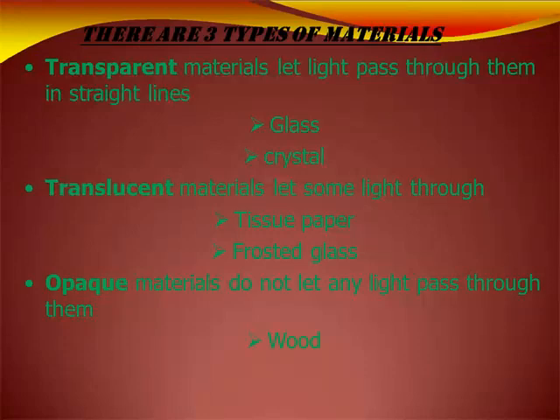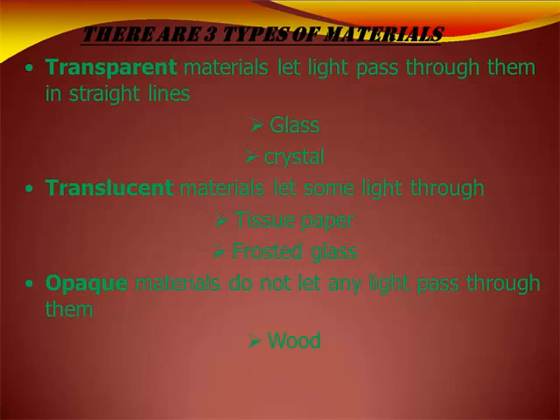That means the materials through which light is passed. So we have 3 types of material: transparent material, translucent material, and opaque material. Instead of material, we can also write medium.